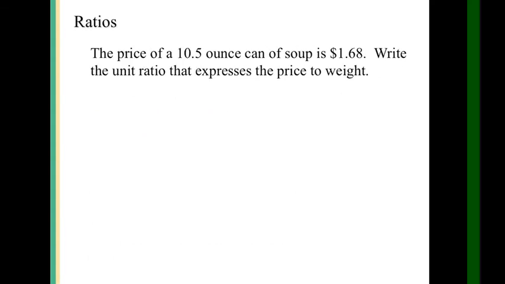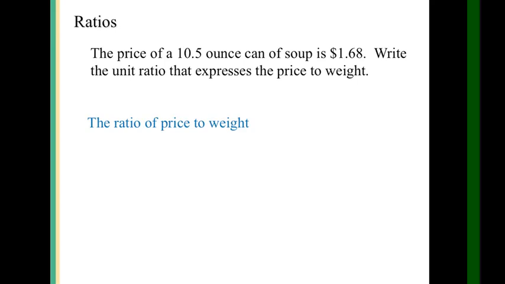No? Okay. Now, the price of a 10.5 ounce can of soup is $1.68. So, kapag daw yung 10.5 ounce ibinenta mo, ang cost nito is $1.68. So, write the unit ratio. So, we're talking about the unit ratio that expresses the price to weight.